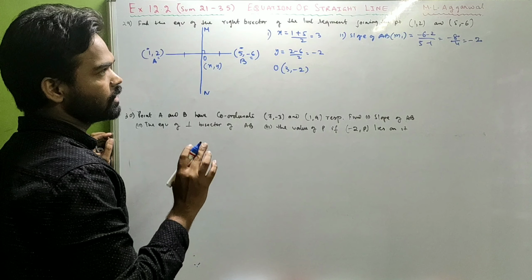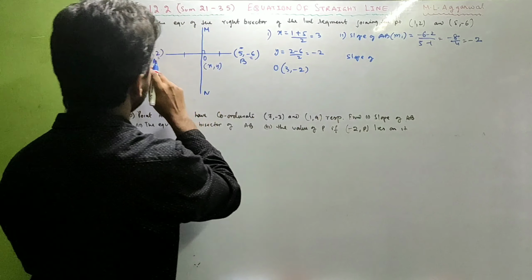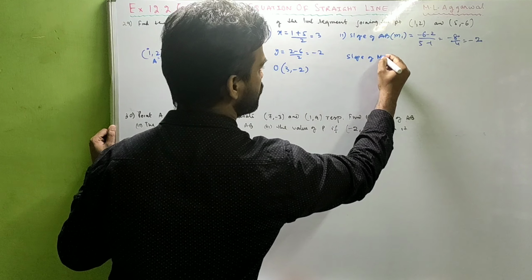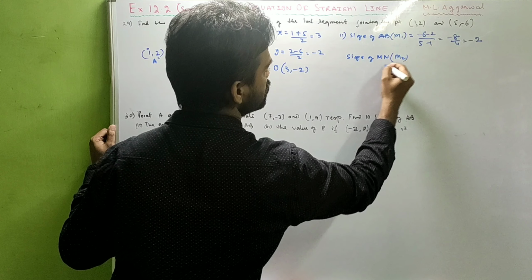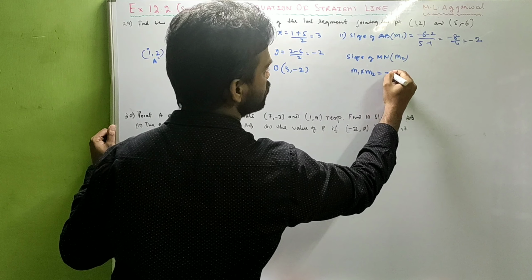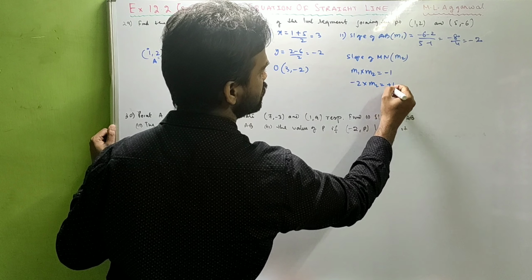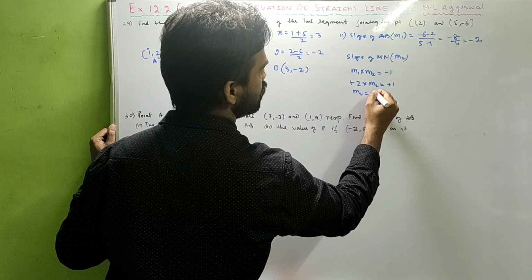Am I correct? Now slope of MN, the perpendicular, suppose M2. So we know M1 multiplied by M2 is equal to minus 1, which means minus 2 multiplied by M2 is minus 1, which means M2 is half.